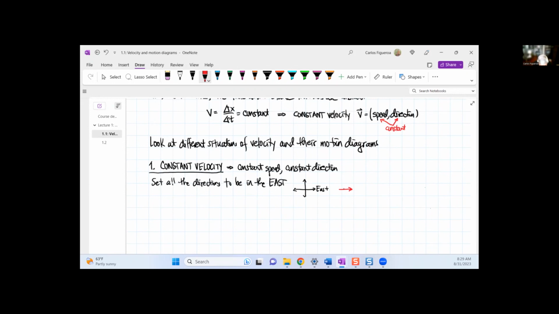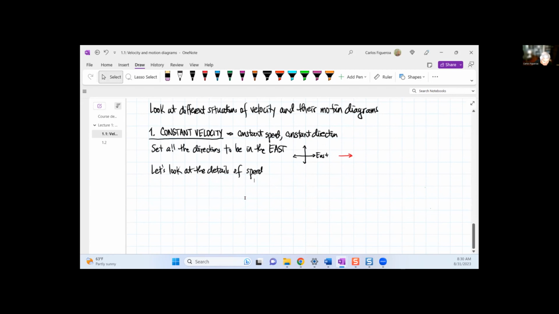So now let's look at the details of speed. Okay, this is really important, because you've got to get this understanding in order to keep moving in the right direction.